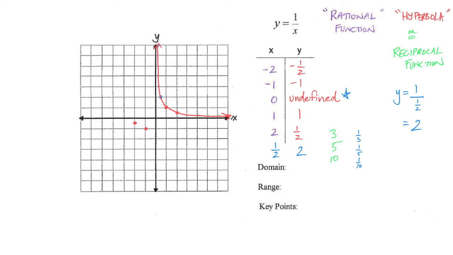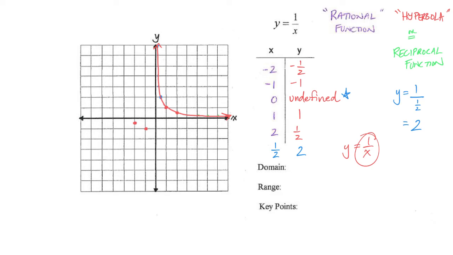We should be comfortable to say that you could continue subbing in huge x values. However, we should notice that there is no way that you are ever going to get a y value of 0. The only way that my equation, which is a fraction, could ever equal 0 is if the top equals 0.